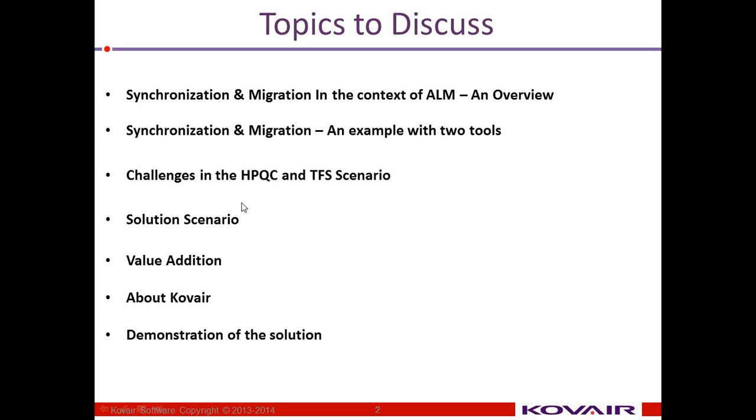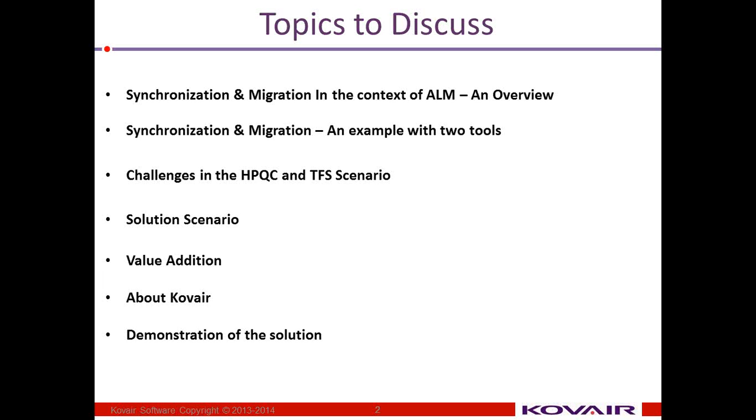Next, we'll go into the synchronization and migration, and we'll give an example of how you do synchronization migration by taking two tools as an example. Then we'll discuss about the different challenges that we come across while doing the synchronization and migration using HPQC and TFS as a scenario.